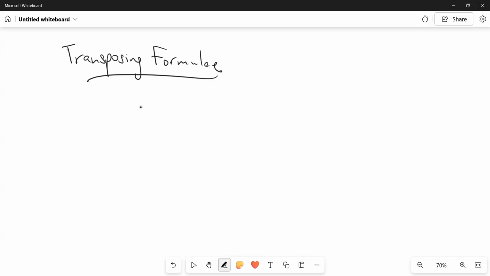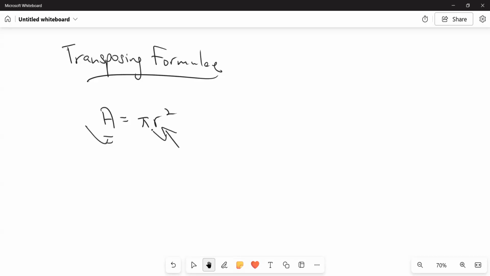You might have a formula, let's say the area of a circle is pi r squared. Maybe you're given the radius and asked to calculate the area. But what if instead you're given the area and asked to calculate the radius?